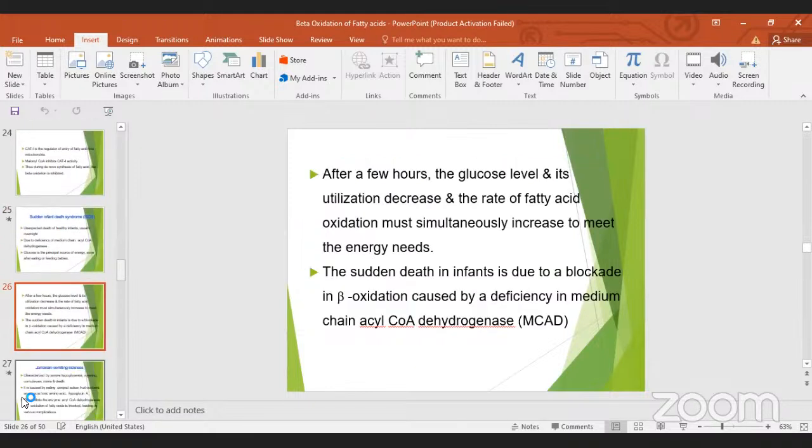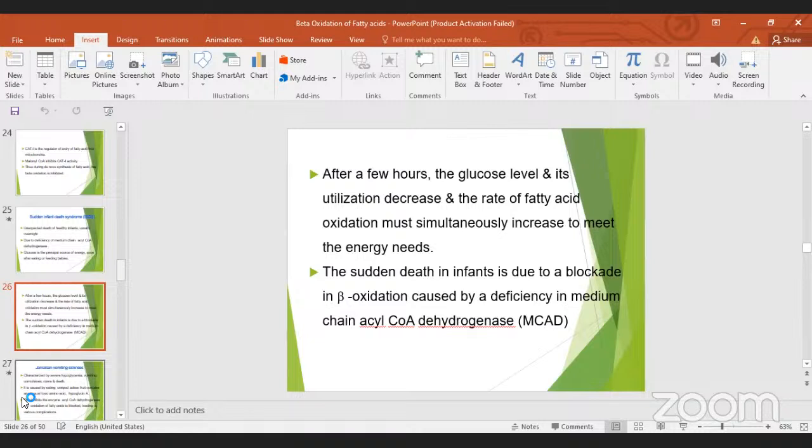After a few hours, the glucose level and its utilization decrease, and the rate of fatty acid oxidation must simultaneously increase to meet the energy needs.